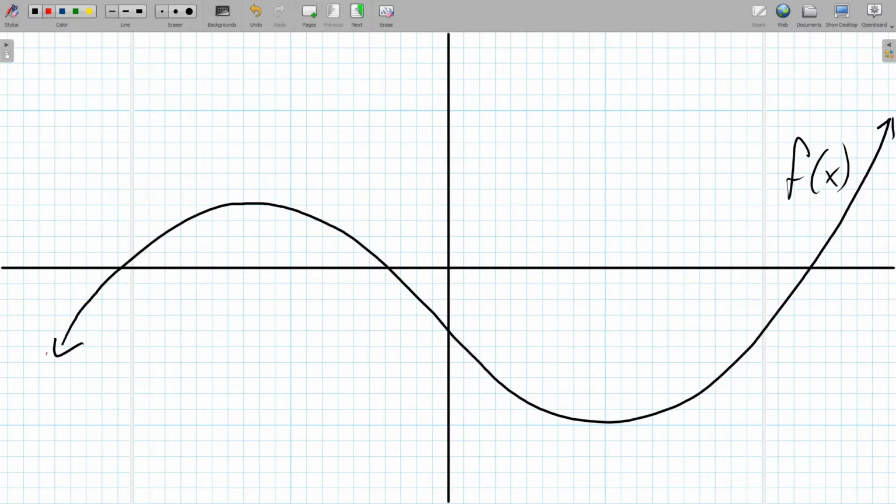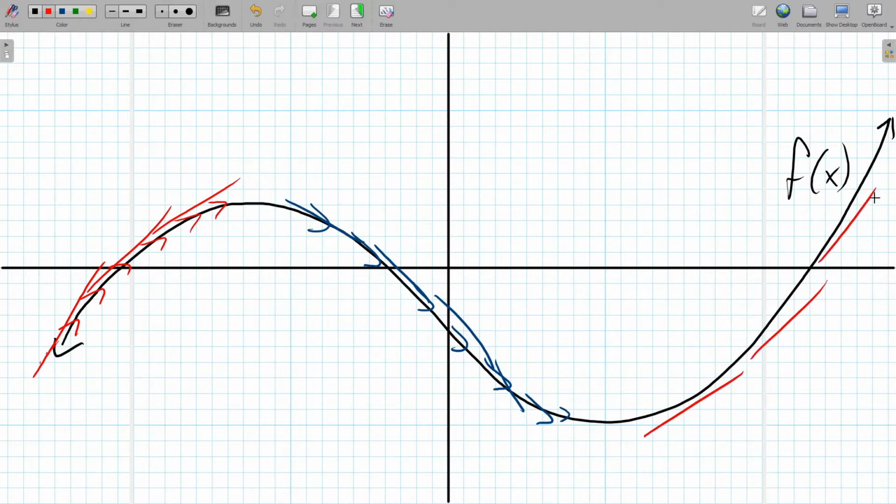If I was to draw a tangent line to this function at a bunch of different points, we would see that it is positive, meaning that this function is increasing, and then eventually it will become tangent lines that have a negative slope, meaning the function is decreasing, and then eventually this particular function switches back to having tangent lines that have a positive slope, meaning the function is increasing.